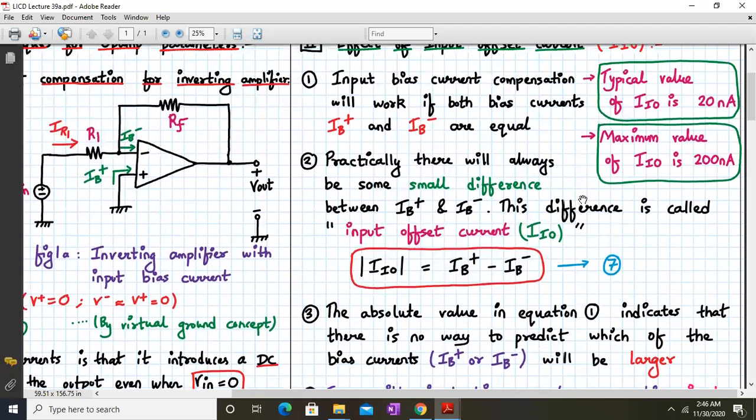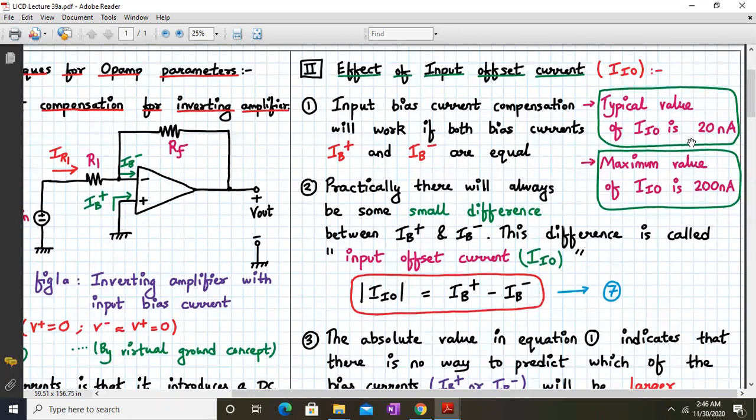So mod of IIO will be IB plus minus IB minus. This is our equation number 7. Why mod? Because IB plus can be greater than IB minus, or IB minus can be greater than IB plus. Sign doesn't matter. The magnitude is typically 20 nanoamperes, and the maximum IIO can go is 200 nanoamperes.